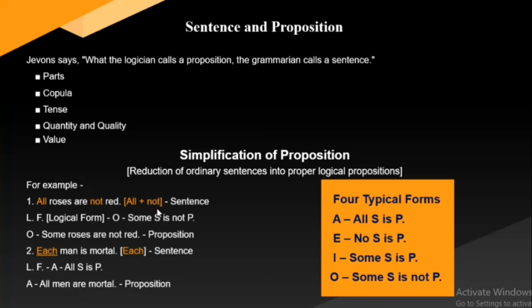The logical form of an A proposition is all S is P. There is no such form or structure with all and negative particle not. That means all S is not P. There is no such typical form.